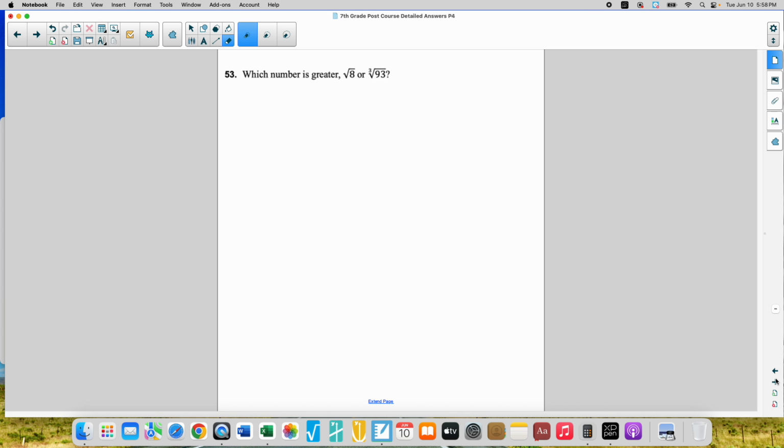Which number is greater, square root of 8 or cube root of 93? All right, well, square root of 8 is between square root of 4 and square root of 9. So this equals 2, this equals 3, so square root of 8 is going to be approximately 2.8, 2.9.